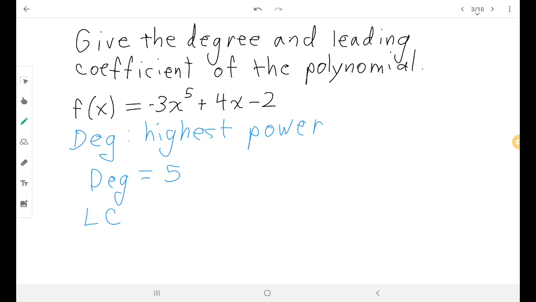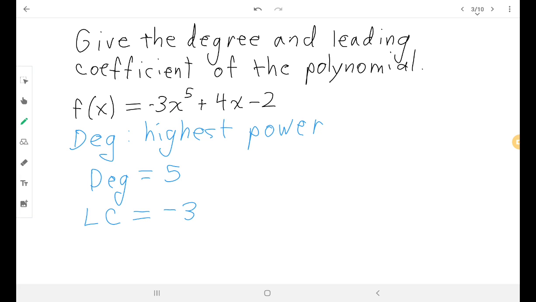Then the leading coefficient is the number attached to the variable that has the degree-defining power. So you say, okay, this is the degree, that makes this the degree-defining term. And so for the leading coefficient, you take the number that is in that degree-defining term, so the leading coefficient is -3.